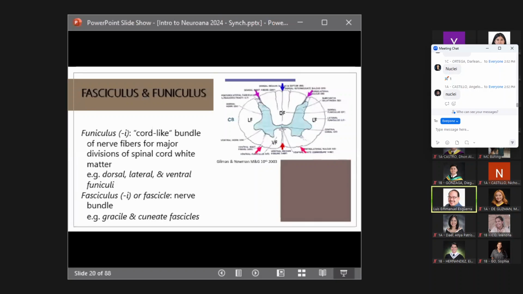That's why it's called a fissure rather than a sulcus. So when referring to this structure, we use fissure for this particular structure, the ventral or anterior median fissure. And the other ones we use sulci, or sulcus singular.